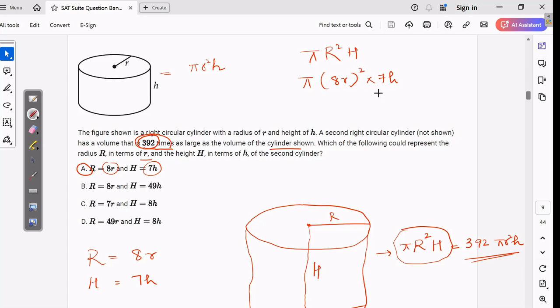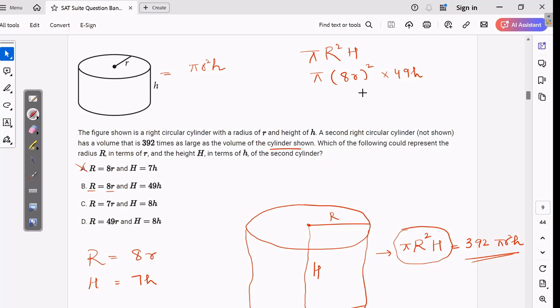Do 64 times 7 and see, are you getting 392? No. So that cannot be option A. Take option B. In option B, capital R is 8r, so 8r square times 49h. Now see, are you getting 392?